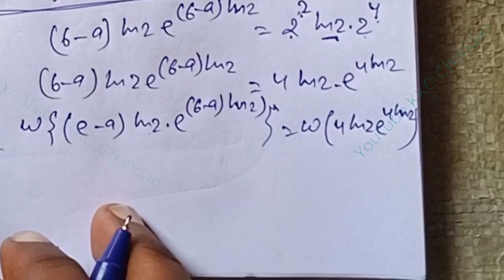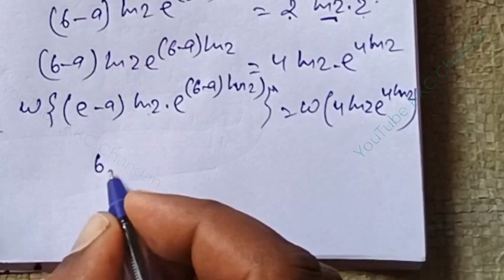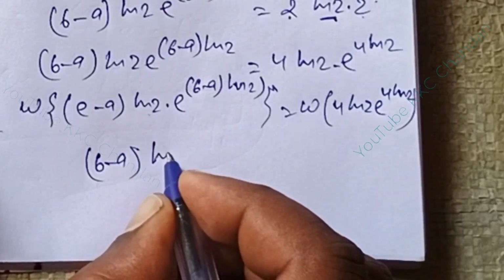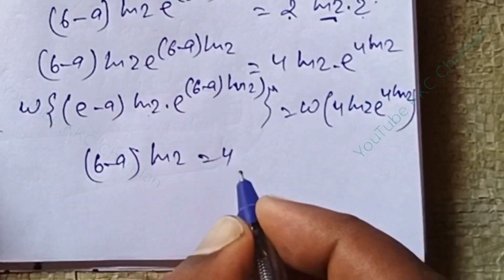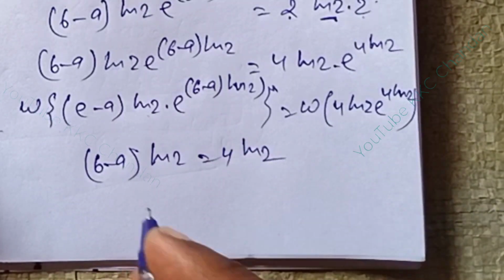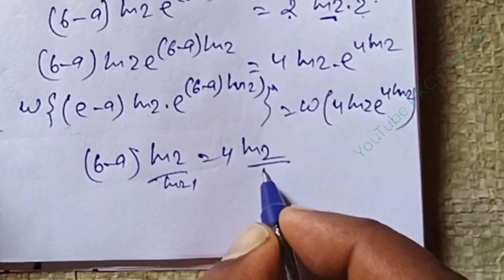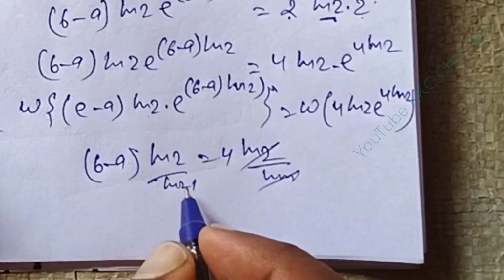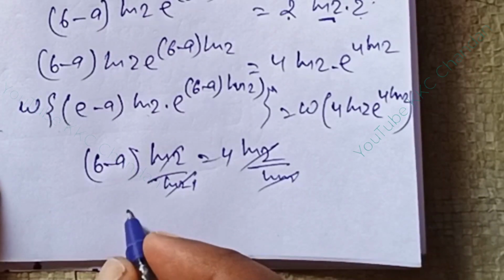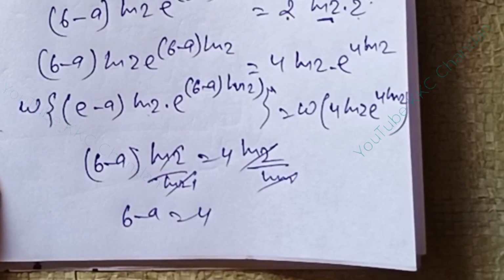In the next step, 6 minus a into ln 2 is equal to 4 ln 2. Divide both sides by ln 2. Here ln 2 cancels, leaving 6 minus a is equal to 4.